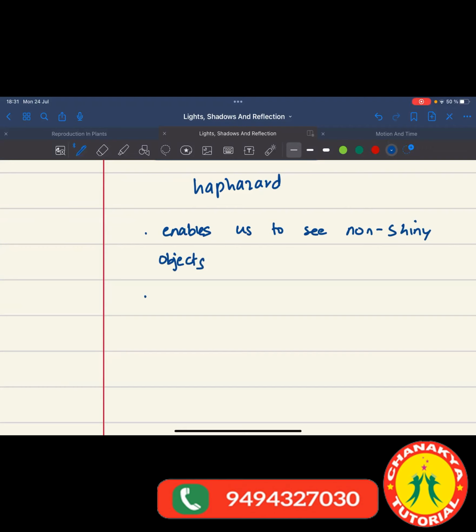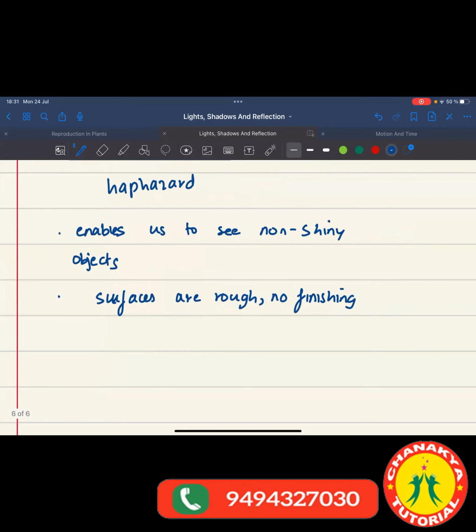It occurs when surfaces are rough, when there is no finishing, or there are scratches, or there are dust particles. So if all this is there, this will happen.